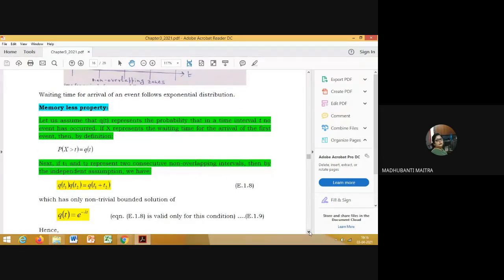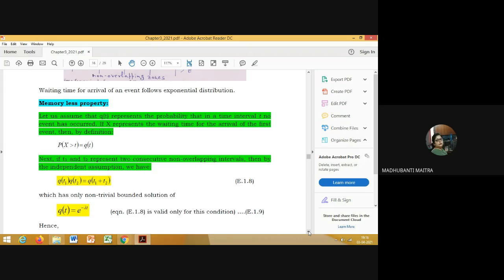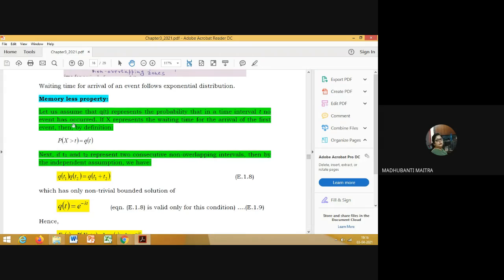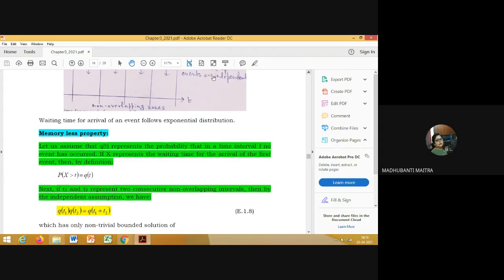Yes, ma'am. Now, before discussing memoryless property, let's try to find out why this waiting time distribution is being modeled with the help of exponential distribution. So let's assume that qt represents the probability that in a time interval t, no event has occurred, right?